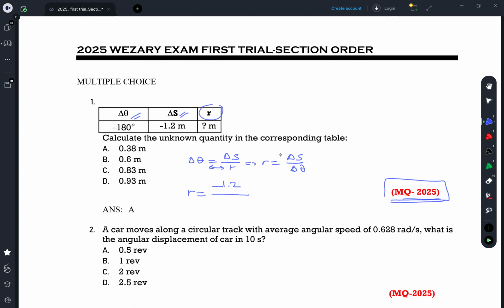Delta theta is given as 180 degrees, but 180 degrees is not in radians. We should convert it to radians by dividing by 57.3. So we will get the answer as 0.38 meters. So it is going to be A.